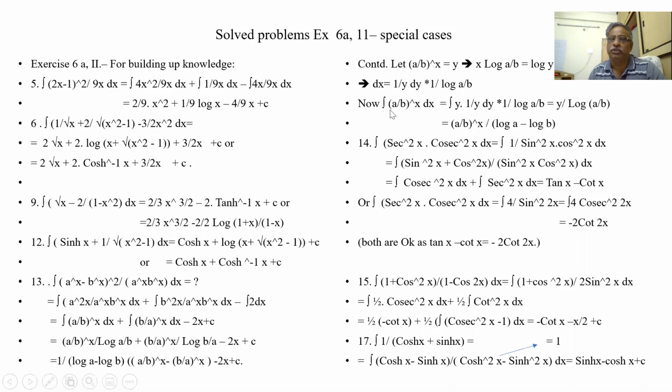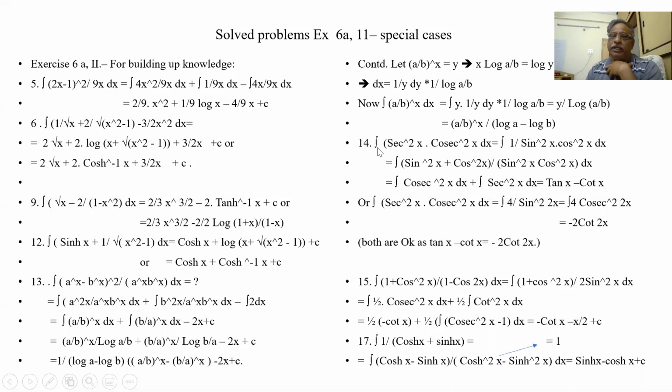When I substitute, integration of a by b to the power of x dx is equal to integration of y into 1 by y dy by log a by b. So y gets cancelled, and we get y by log a by b. What is y? y is a by b whole to the power of x, divided by log a minus log b. So this is the same as this. Here we have done it as per the formula. This formula is explained here.